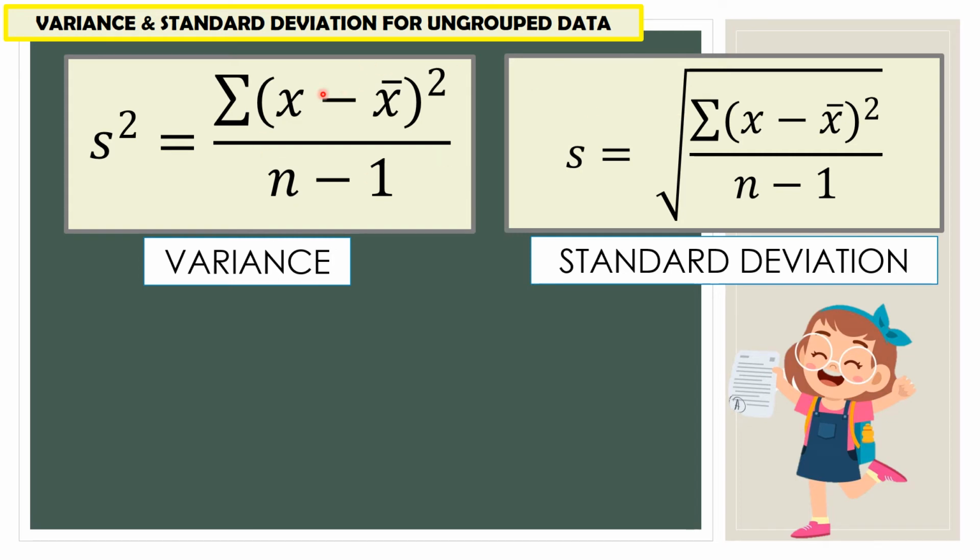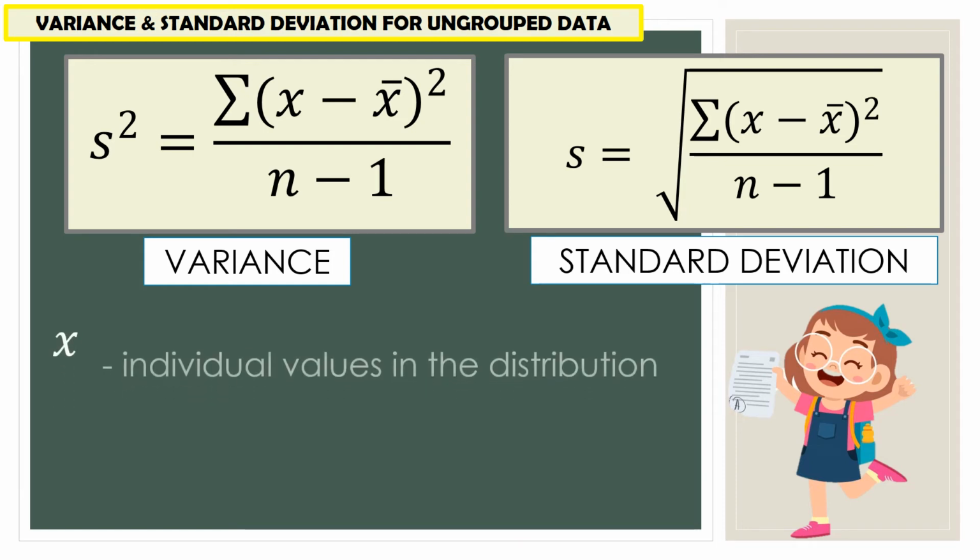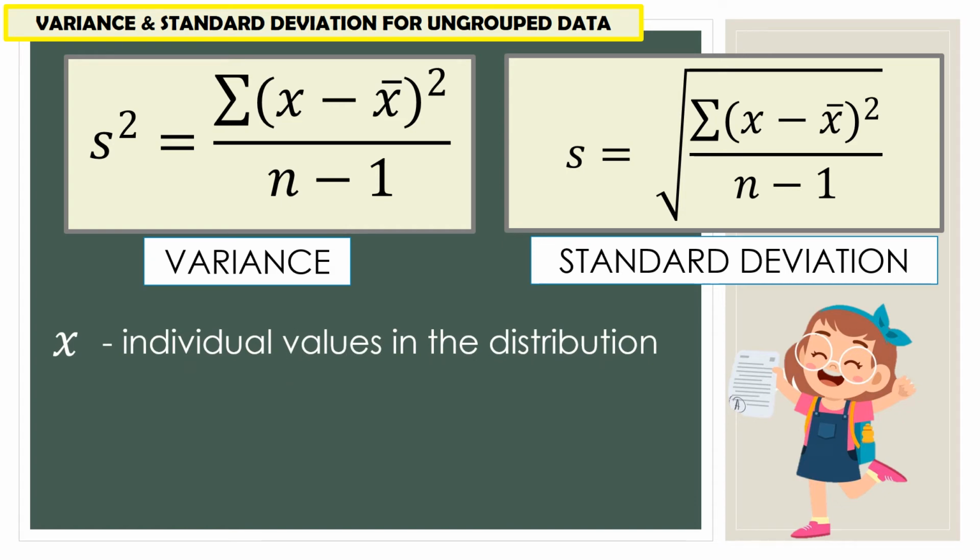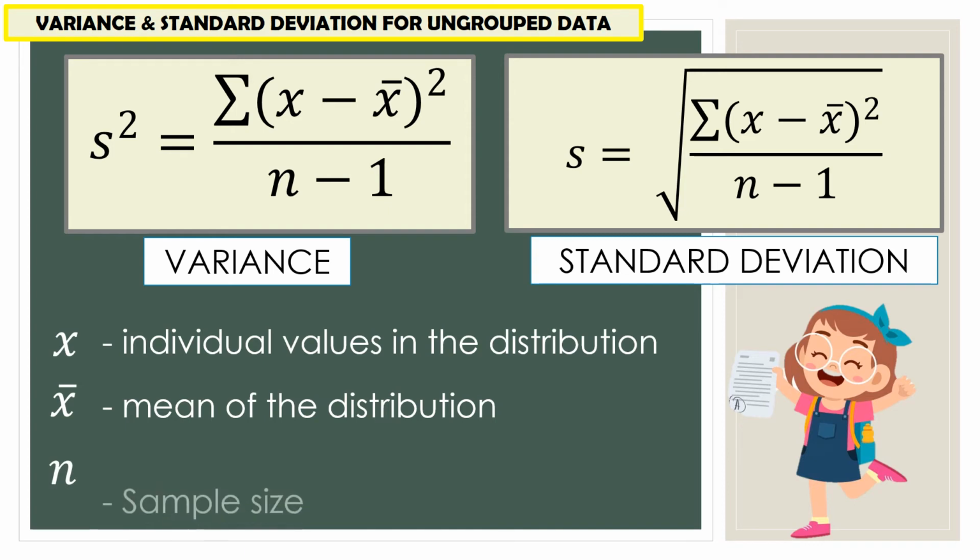Did you notice? The formulas are similar. The only difference is the square in the variance; we extract the square root of both sides of the equation, making it the standard deviation formula. S is equal to the square root of the variance. Now, x here is the individual values in the distribution. The x bar is the mean of the distribution, and n is the sample size.